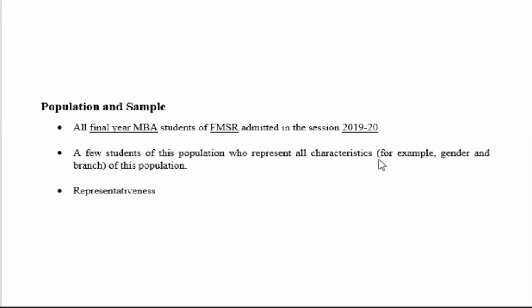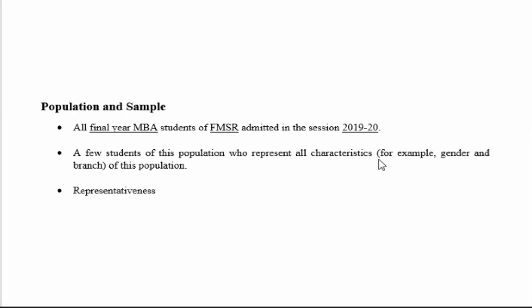In our case, the two most obvious variables are gender, male and female students, and groups or specialization, you can say, branch. So there is one group of hospital administration, one group of Islamic banking and finance, one group of MBA, and one group of MBA and IB.